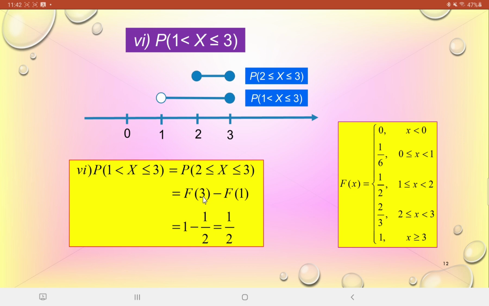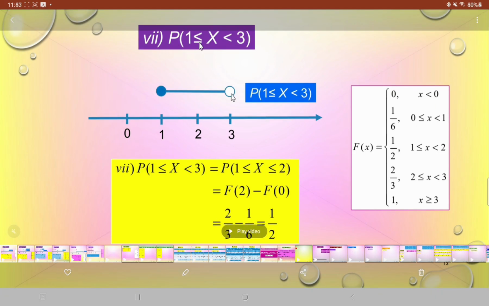To solve, we need to subtract F(1) from F(3). F(3) is equal to 1 and F(1) is equal to 1 over 2. So, 1 minus 1 over 2, and the answer for probability x more than 1 and less than or equal to 3 is 1 over 2.